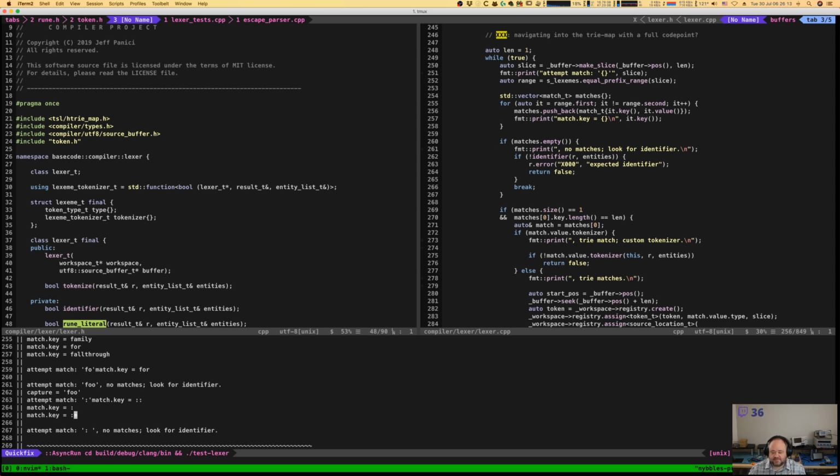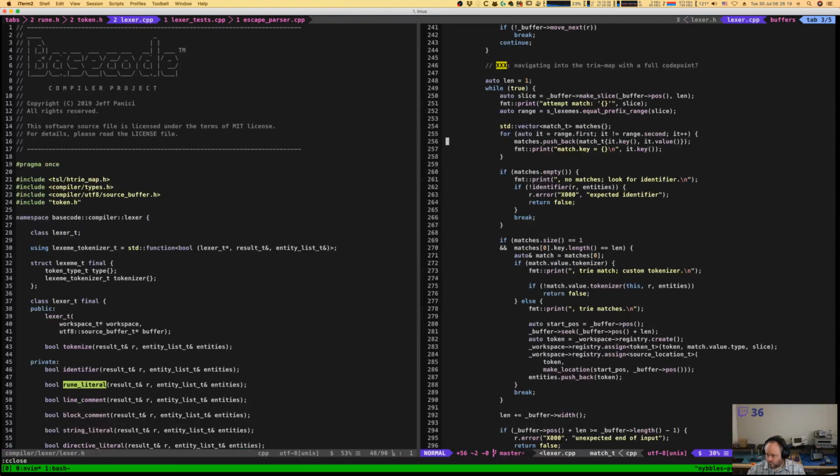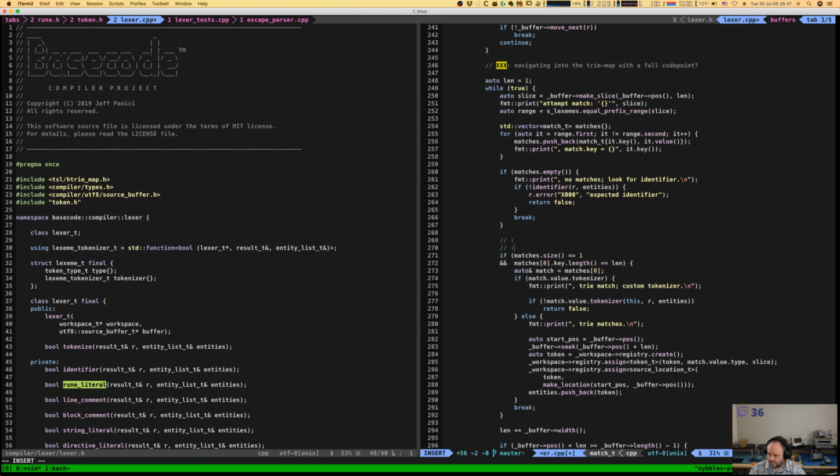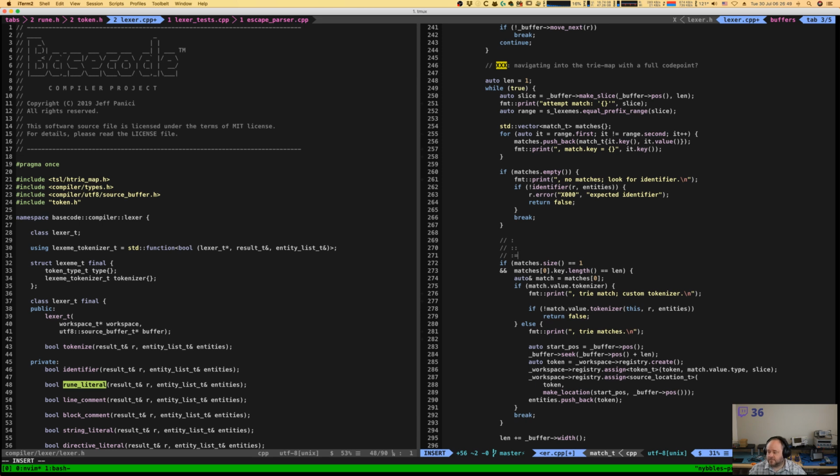But here's an interesting side effect of this, which the logic is not handling right now. In the case of colon, bind, assign, we actually do have a valid match.